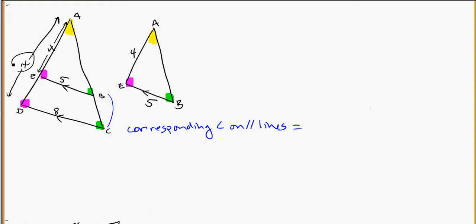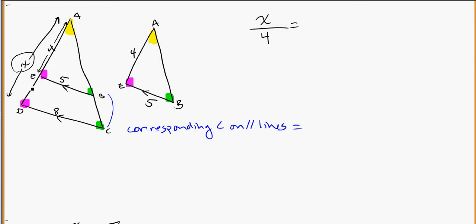So if we take a look, x is our unknown, and I want to ask myself, x is on the big triangle, and it's similar to what on the little triangle? So again, it goes from yellow down to pink. So from yellow down to pink, the similar side here is 4. And I need to pick a ratio that has two things that are known.